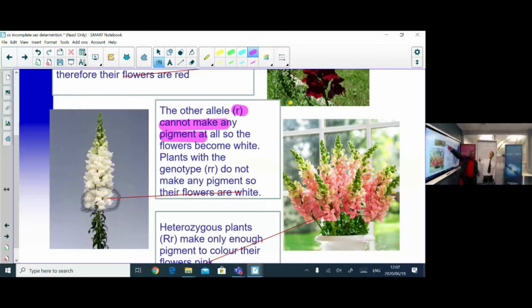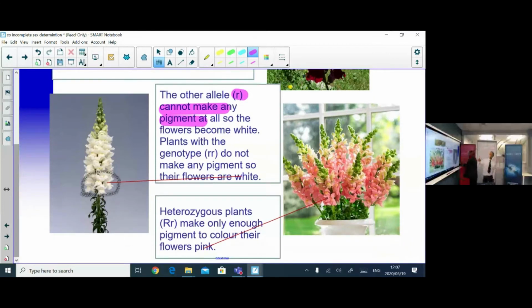What happens when there is a heterozygous situation? Both white and red make pink in the outcome. So we can only identify incomplete dominance in plants or animals in the heterozygous condition, because that's where they merge and form pink. No one is dominant over the other. Wonderful.